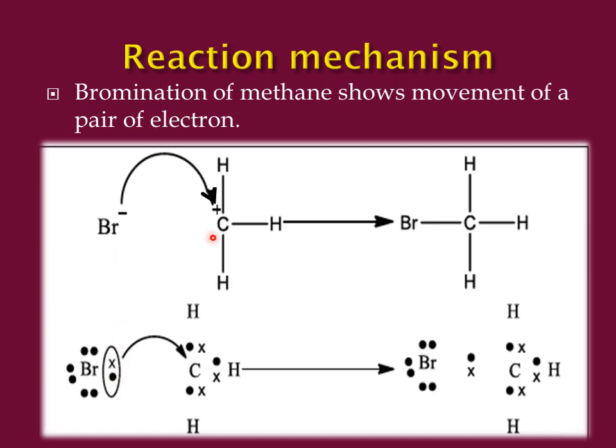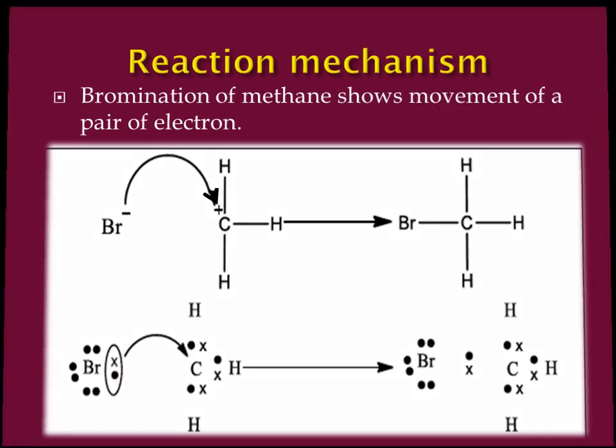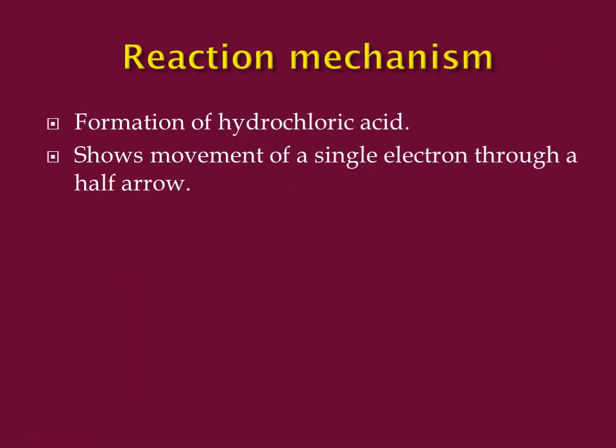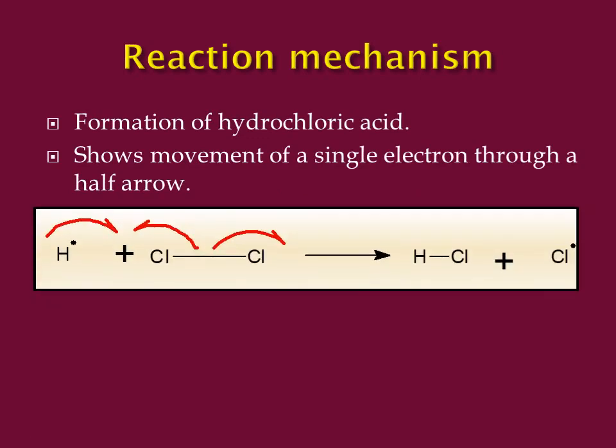Now let us take an example to show the movement of a single electron through a half-headed arrow. The example is the formation of hydrochloric acid. As you can see, I have taken a hydrogen radical and a chlorine molecule. The bond in the chlorine molecule is going to break in a homolytic fashion. 2 chlorine radicals are going to be generated as a result of cleavage of this bond.